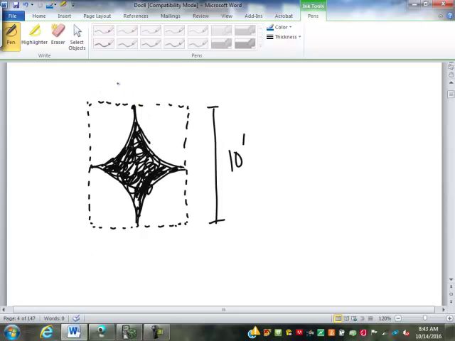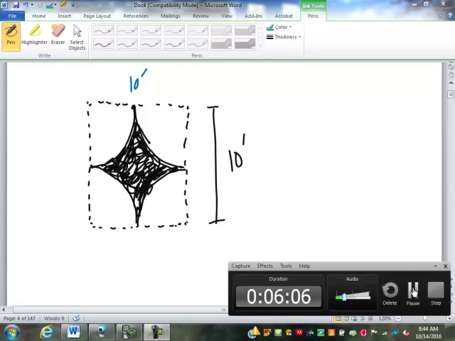Assume that this is a square, so it's 10 feet here too. Find that area of the colored in region there. I'll give you a minute to think about that. What'd you come up with?